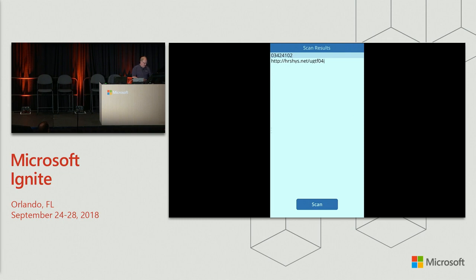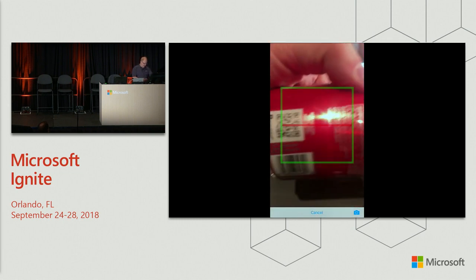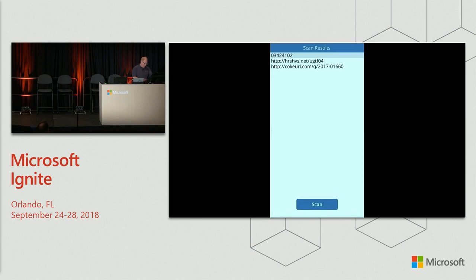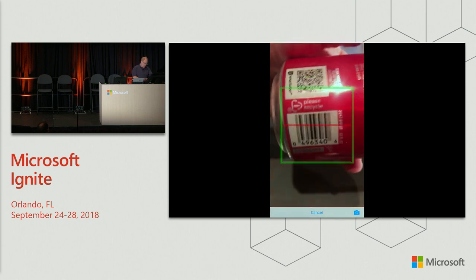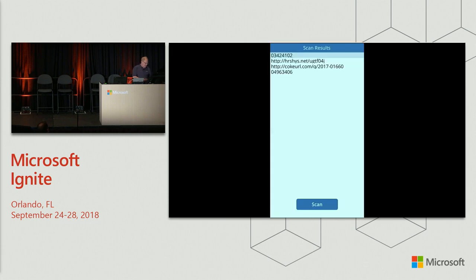Here's a Coke can with some curvy stuff. You can do a QR code on the side. There's that barcode. It is way better because we switched it from a JavaScript implementation to something that's native to the iPhone player and to the Android player. So that's running in native code and just returning values back to the app.